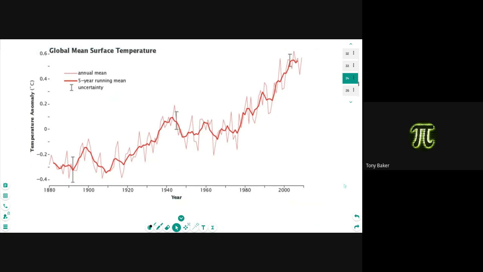Is this a time series? Yes or no? What's the data point it's collecting?